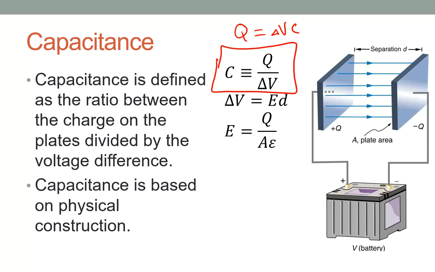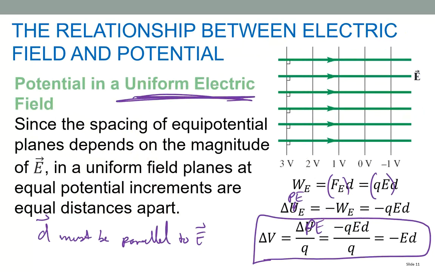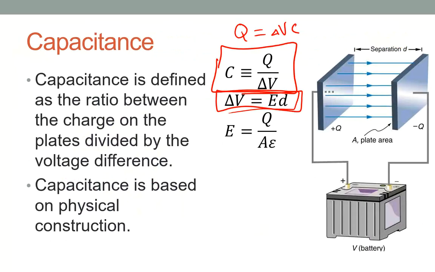Now, going from this definition of capacitance, if I have a parallel plate capacitor, this equation here is only valid in the case of a uniform electric field, where D is parallel to E, which means in the parallel plate capacitor form. If we have some other more complicated design, this isn't going to be correct.